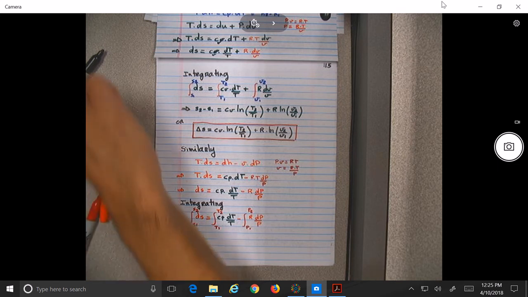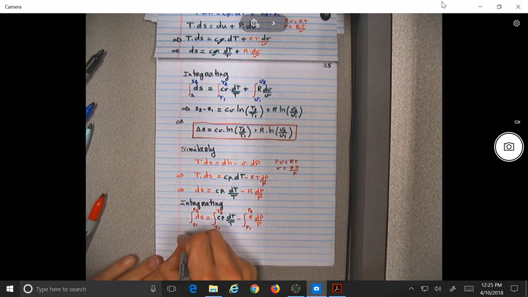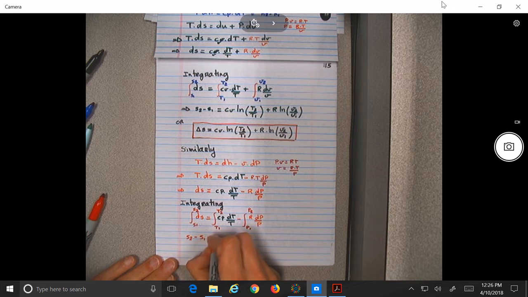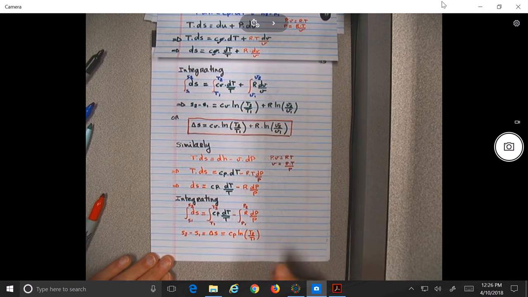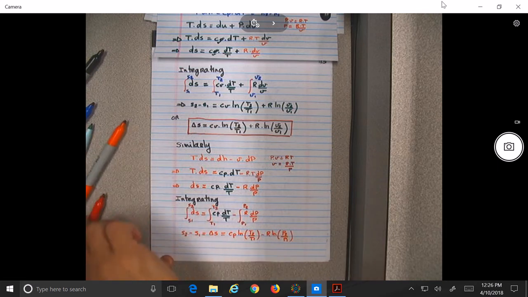So this will give you S2 minus S1, which I'm going to call delta S, to be a little bit faster, will be equal to Cp log of T2 over T1 minus R log P2 over P1.